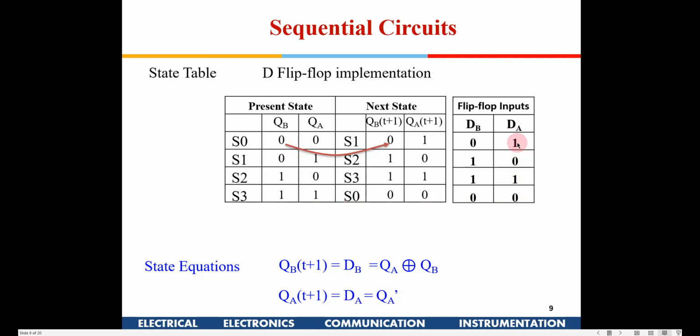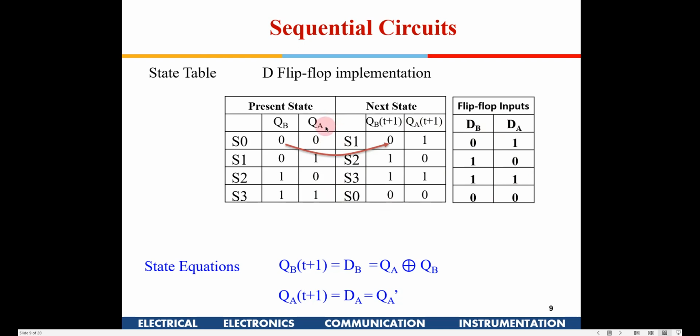Here also similarly DA, if you see, for 0 0 it is 1, 0 1 it is 0, 1 0 it is 1, and 1 1 it is 0. So if you observe, when QA is 0 it is 1, and when QA is 1 it is 0. So DA is nothing but QA bar.